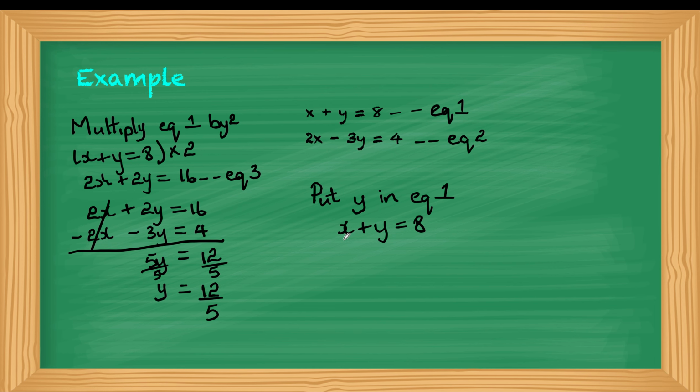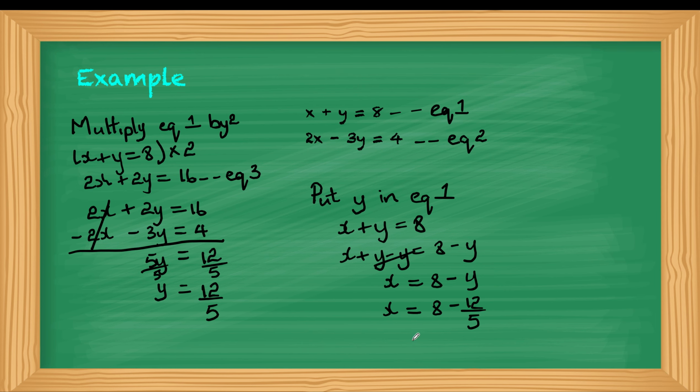But we can solve first to get x by itself. So our aim here, being that y is being added, we have to take away on both sides. So 8 minus y, that will be gone. So now x is equal to 8 minus y. And remember, we already know what y is. So 8 minus 12 over 5.